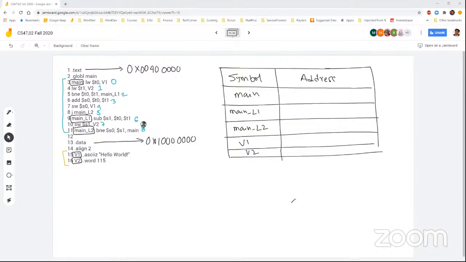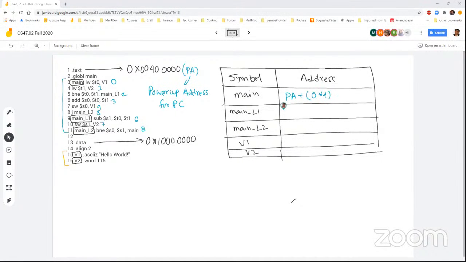Let's call this the power up address, or PA, for the program counter. So simply, we compute PA plus this index multiplied by 4.